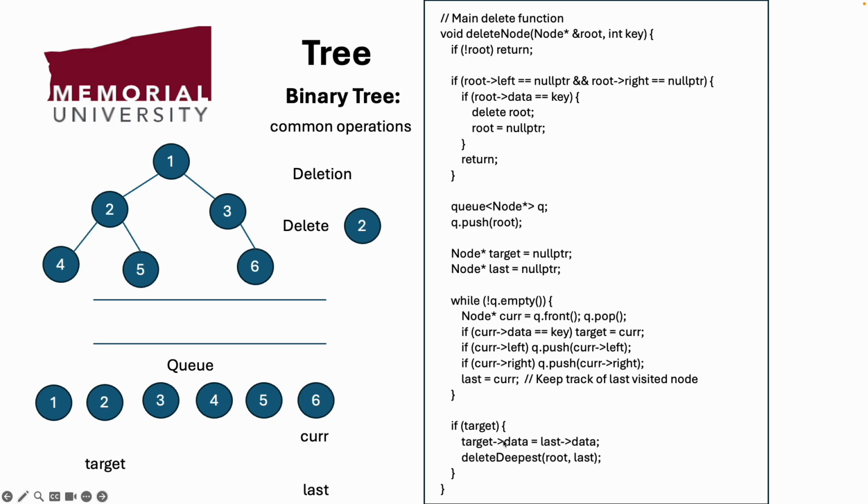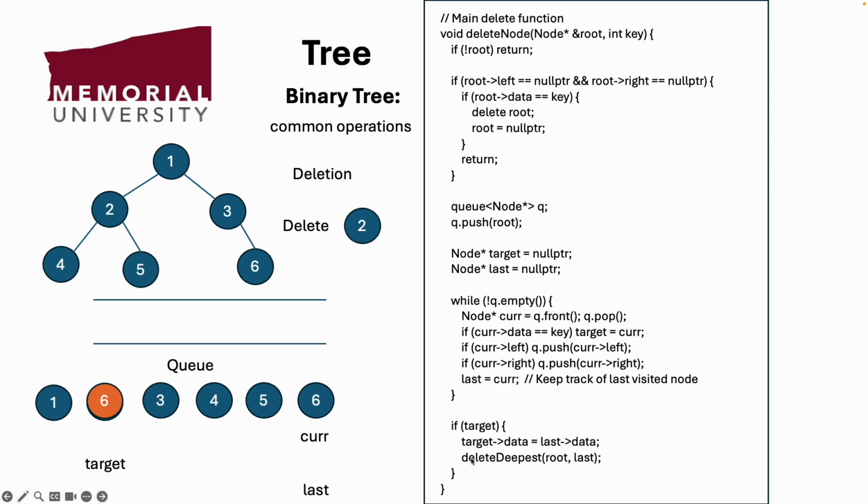To replace the target node's data with the rightmost node, which is the last node pointing to node 6, right? We replace this data into the target. All right, so now the target node value is 6.